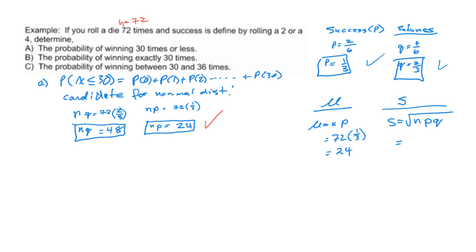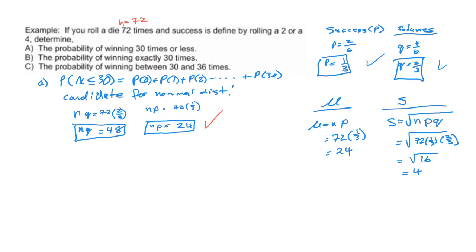So n times p times q is, oh, sorry, not 17, it's 72. I apologize. So let's make sure we put 72 times 1/3 times 2/3. Punch that in your calculator. You end up with the square root of 16, which gives us 4.